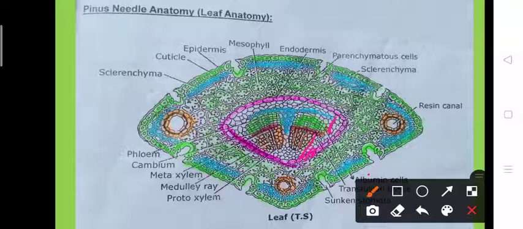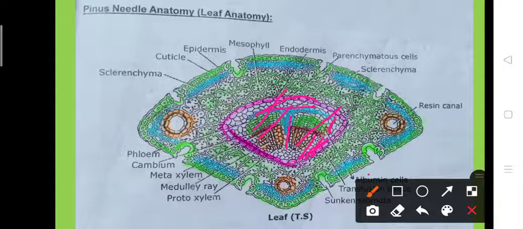These xylem cells are lignified, thick walled dead cells with bordered pits on radial walls, and are called transfusion tracheids. These are the transfusion tracheid cells. Next, T-shaped sclerenchymatous tissue. T-shaped sclerenchyma is present in between the two vascular bundles.